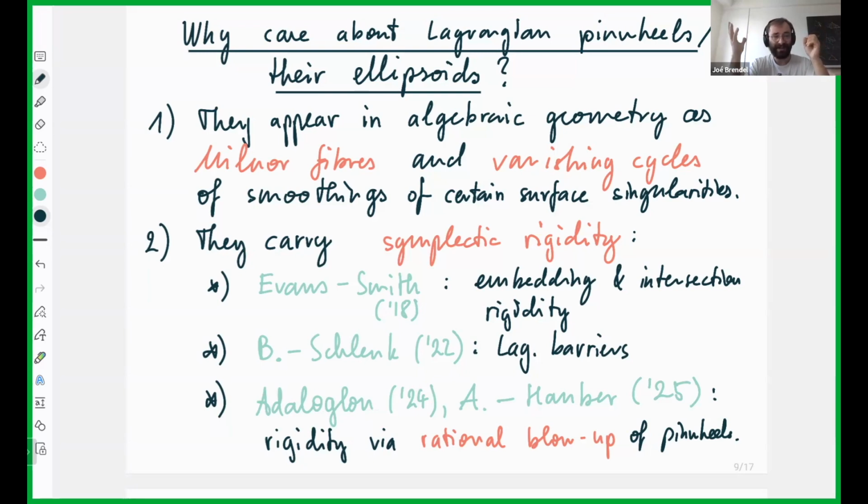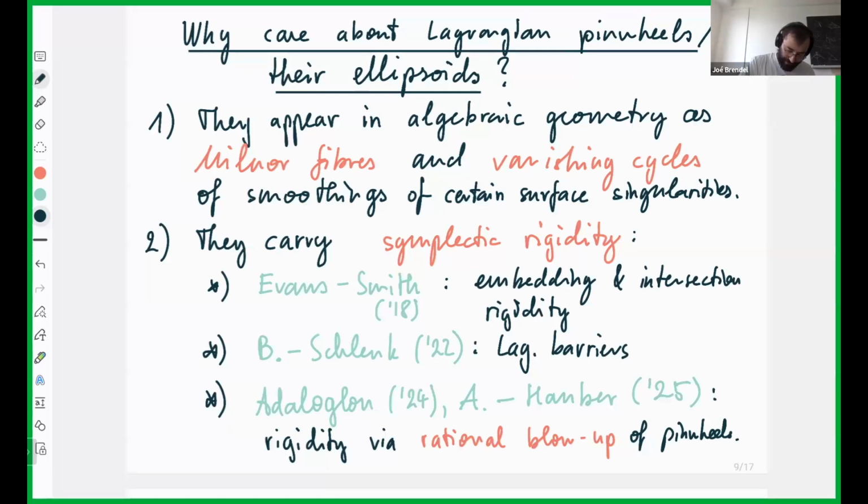And if the smoothing does not exist, there shouldn't be the corresponding vanishing cycle. That's how it relates to algebraic geometry, that these Lagrangian pinwheels appear as indicators of when such a smoothing exists or not. So their theorem can be viewed as some symplectic version of a result in algebraic geometry.